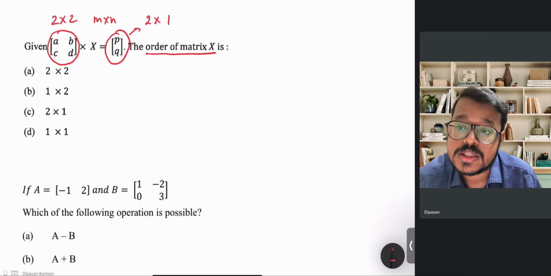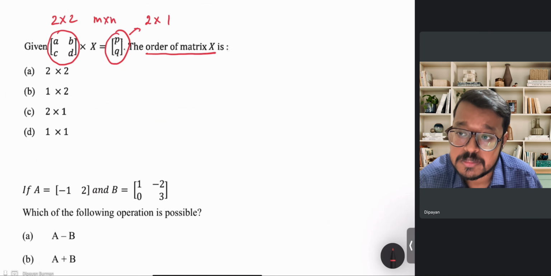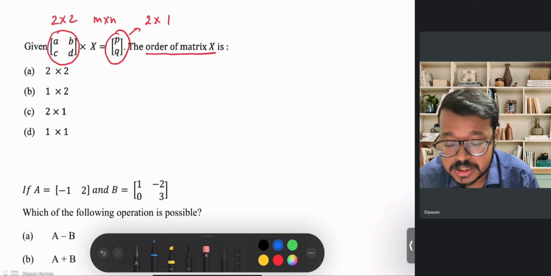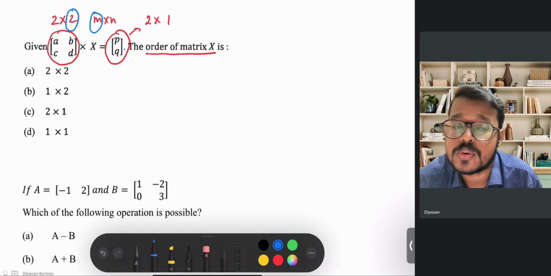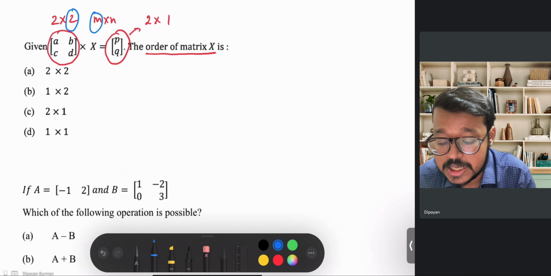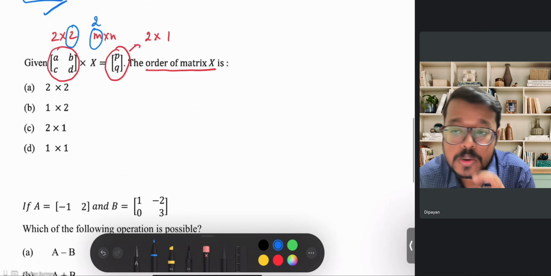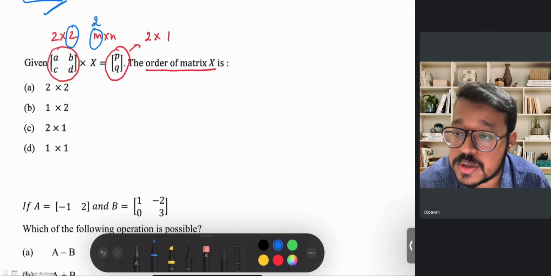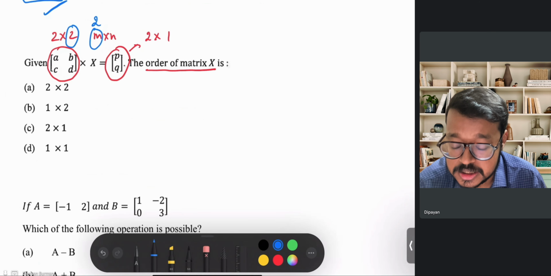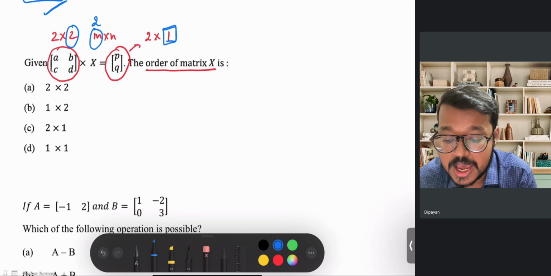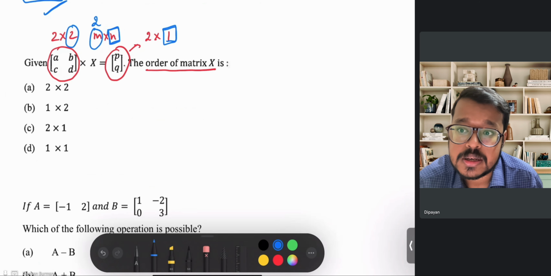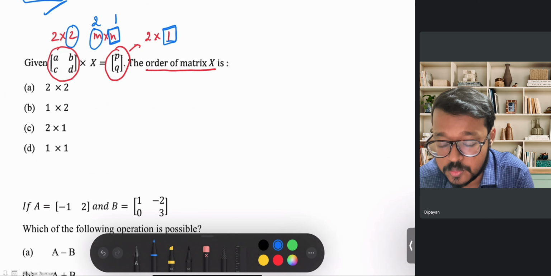Now, because this multiplication is possible and we are getting a resulting matrix, that means that the number of columns of the first matrix is equal to the number of rows in the second matrix. So this m value has to be equal to 2. Only then is this possible. And the resulting matrix has 1 column, and that is coming from the number of columns of the second matrix, so n has to be equal to 1.